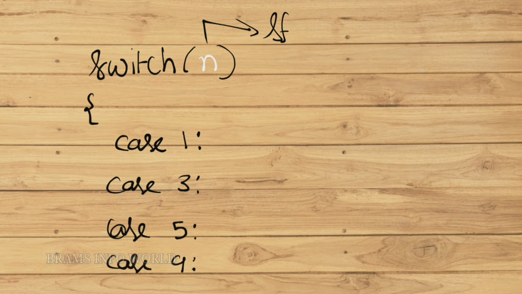Then I printf odd number, and I have to define break. If you give 1 or 3 or 5 or 9, then odd number.